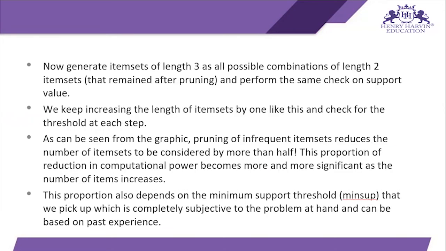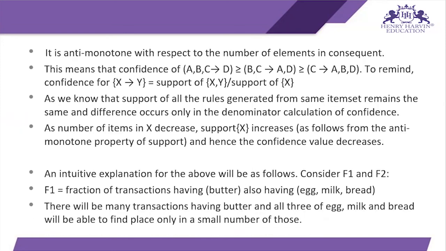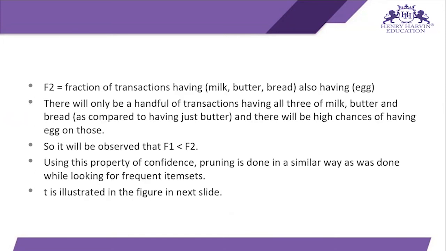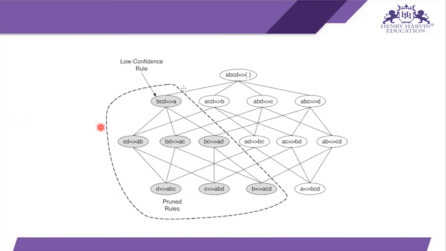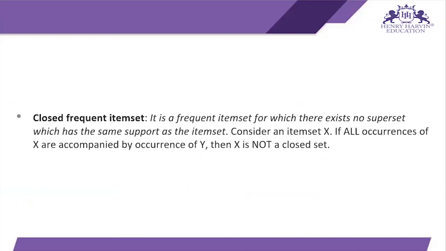We use some criteria to prune the data and get the rules in a much easier way. Then we generate all the possible rules from the frequent item sets by using criteria like support and confidence, and at last, this is how we do the pruning. Then we talked about the maximal frequent item set, closed frequent item set, and the frequent item set. So that's all for today's session.